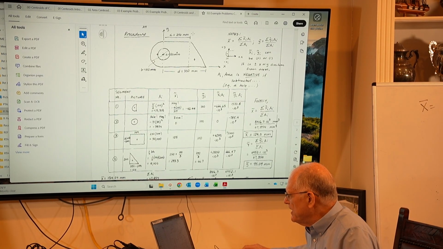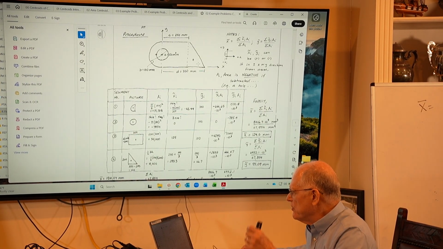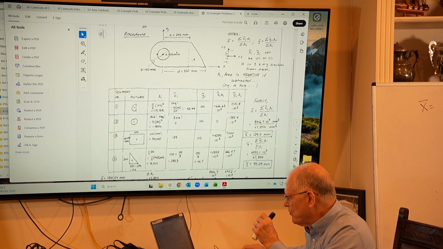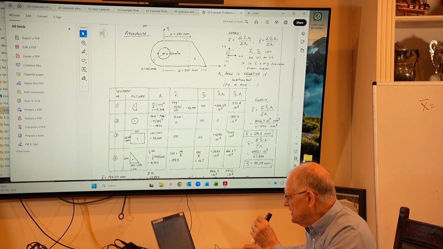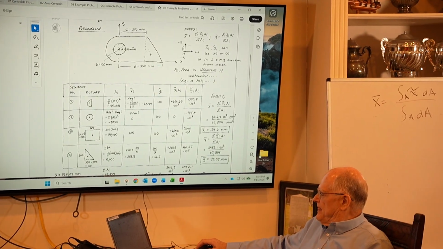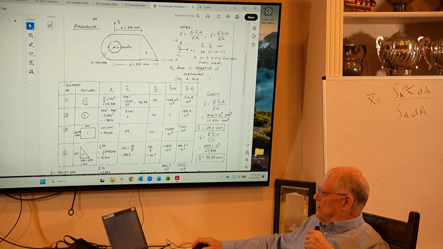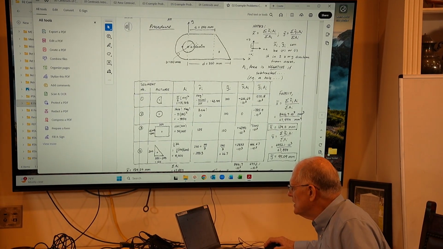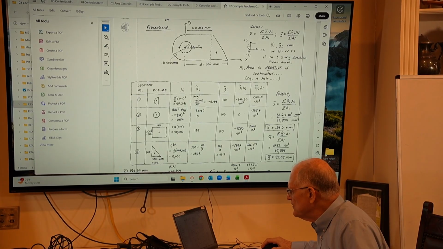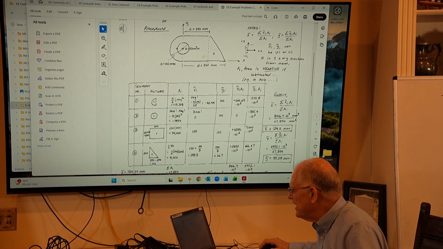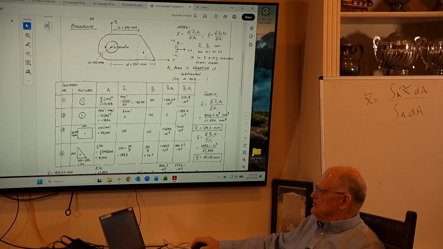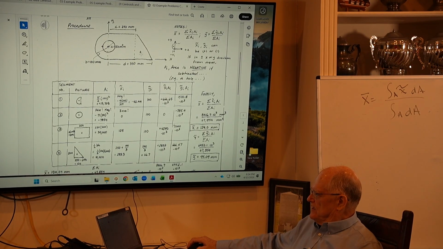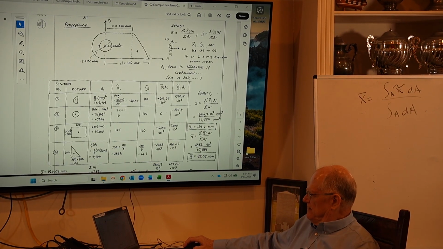So 350 minus 250 is 100. 1/3 of 100 is 33.3, plus 250 is the x tilde. And the y tilde for the triangle: if this is 100 and this is 100, then this is 200 high. So the y tilde is 1/3 of 200, which is 66.67.